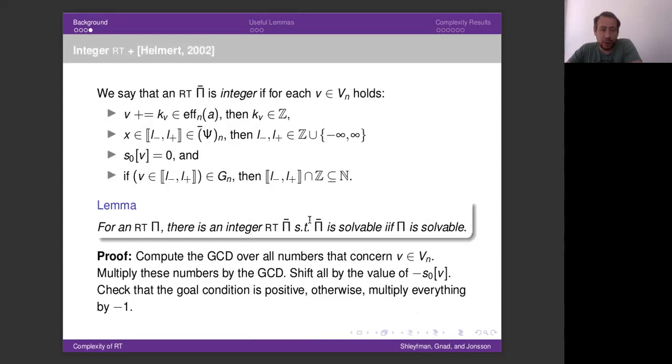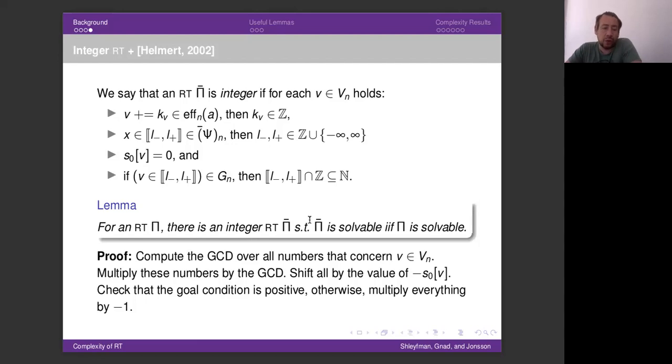Next, we need to massage our task a little bit more. We'd like to move to the integer form of the task. So instead of adding a half or checking whether the variable belongs to the interval 0.5 to 0.7, we would like all those numbers to be integers. How do we do that? We take all the numbers that are involved with some variable, multiply them by their GCD, greatest common divisor, and basically get integers.